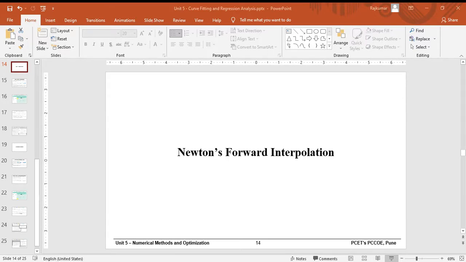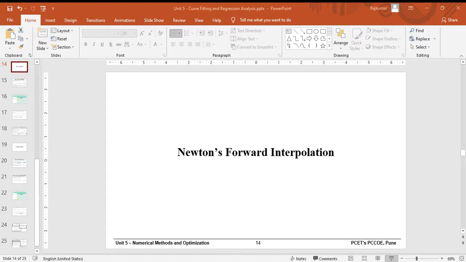Here y of x is equal to y of x naught plus ph, where p takes the value starting from 0, 1, 2 up to n, and h is the interval which is constant in this case. So the difference between two successive values in the given data set will be constant.